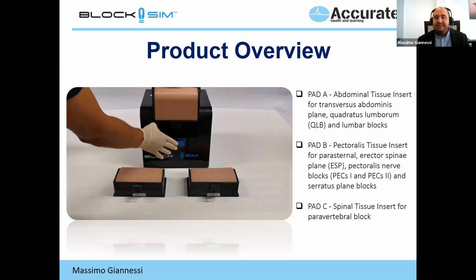Pad C instead has a spinal cord inside, and in fact is called the spinal tissue insert, and is for the paravertebral block. So it's only for 1 block. With all these 3 pads, you cover all the thoracic and abdominal blocks that you need to do, and all 3 are made of this ultra durable tissue.